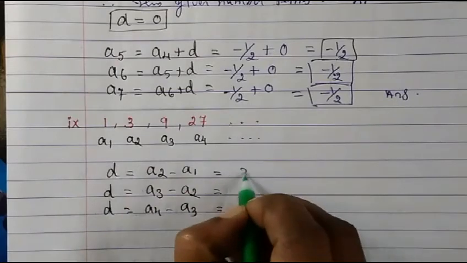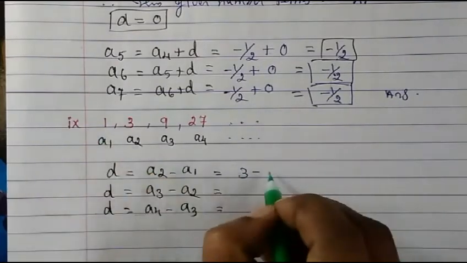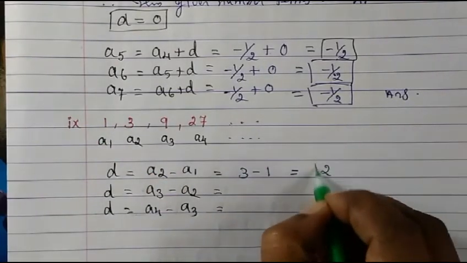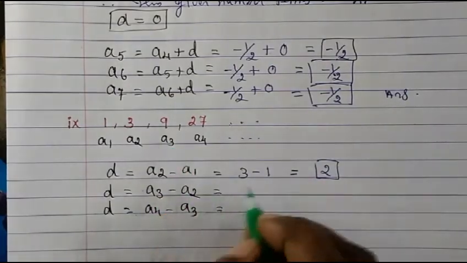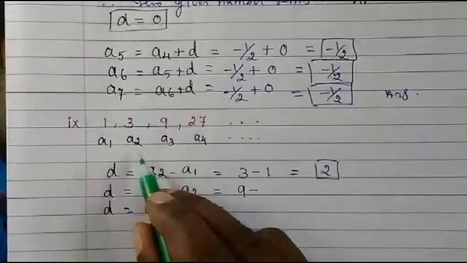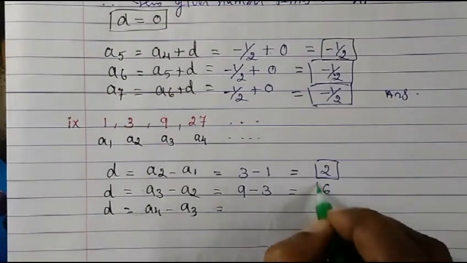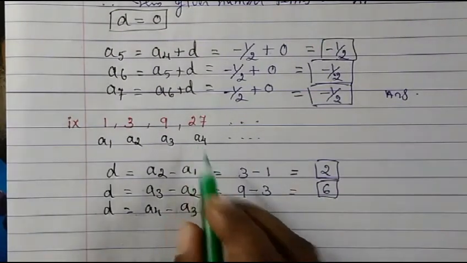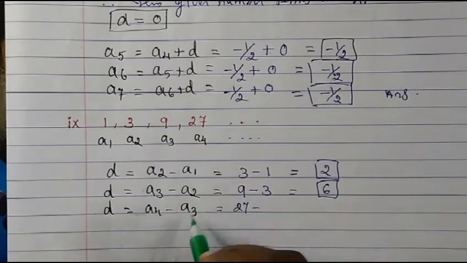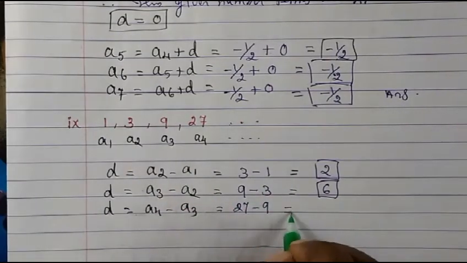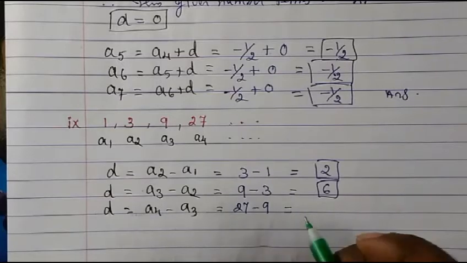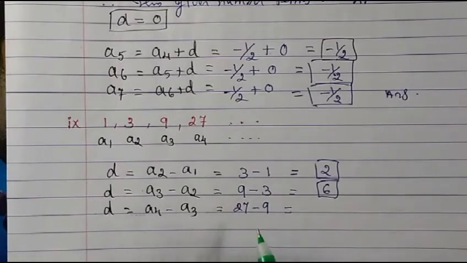If we get the same value everywhere, then this forms an AP. If not, this does not form an AP. A2 is 3, minus A1 is 1, which will give us 2. A3 is 9 minus A2 is 3; from 9 you subtract 3, it will give us 6. A4 is 27 minus A3 is 9; from 27 you subtract 9, how much will you get?